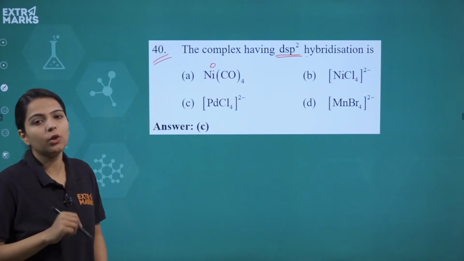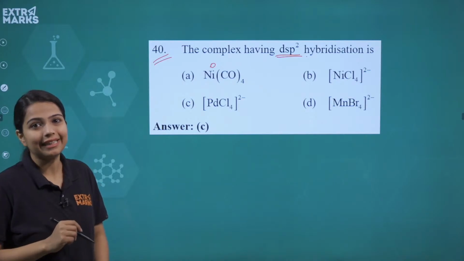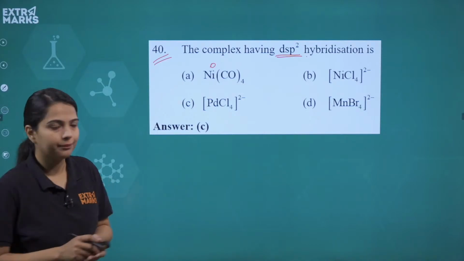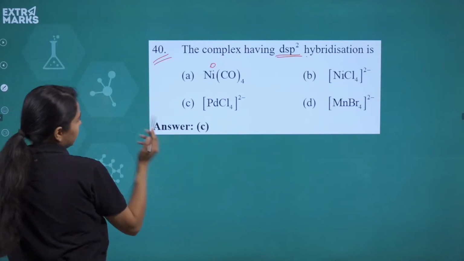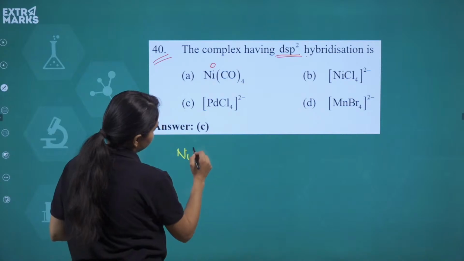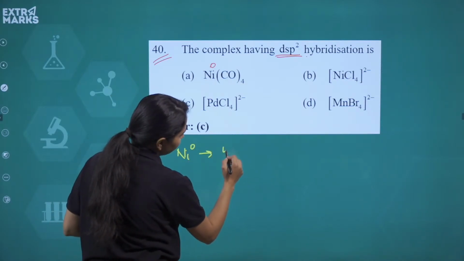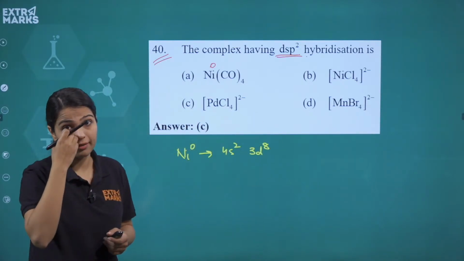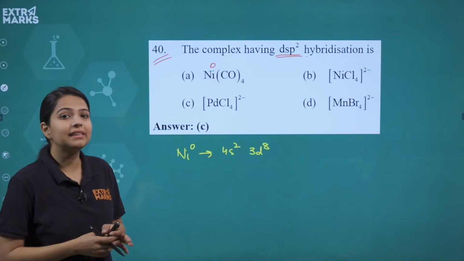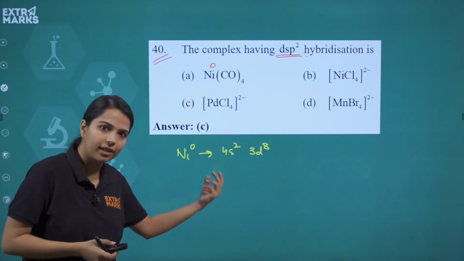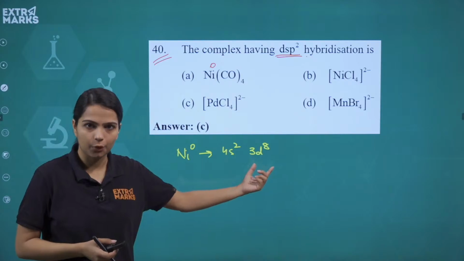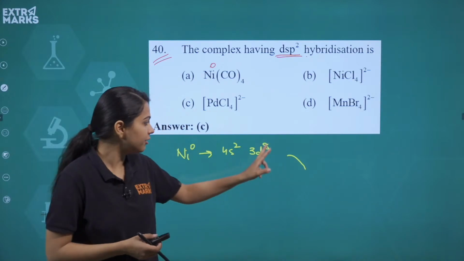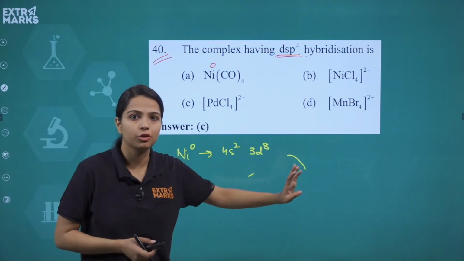It has the electronic configuration 4s2 3d8, and we have Ni(CO)4. CO is a strong field ligand. This will cause the pairing of electrons and one d orbital will be vacant now. If one d orbital is vacant, we will have a free d, and then 4s will also be free, and then p.